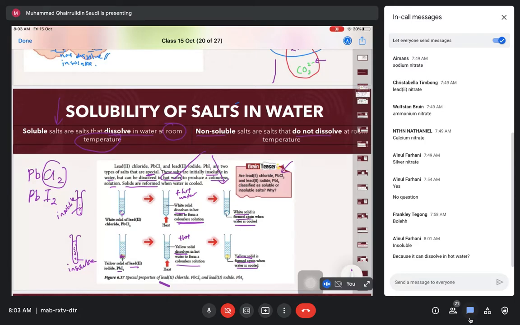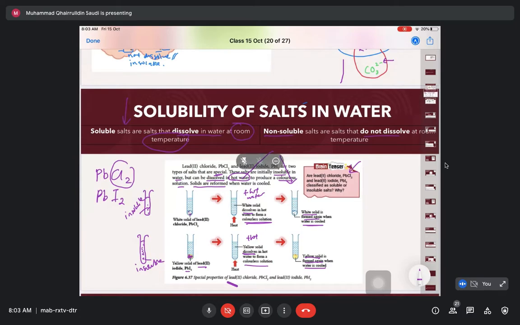Tapi dia still considered as insoluble salt ataupun non-soluble salt. So when the question asks you to classify lead chloride dengan lead iodide, where should we put lead chloride and lead iodide? Soluble or insoluble? Insoluble. Okay, dua tu sahaja yang special. Yang lain tak ada nak dissolve kalau dia insoluble. Okay, clear?